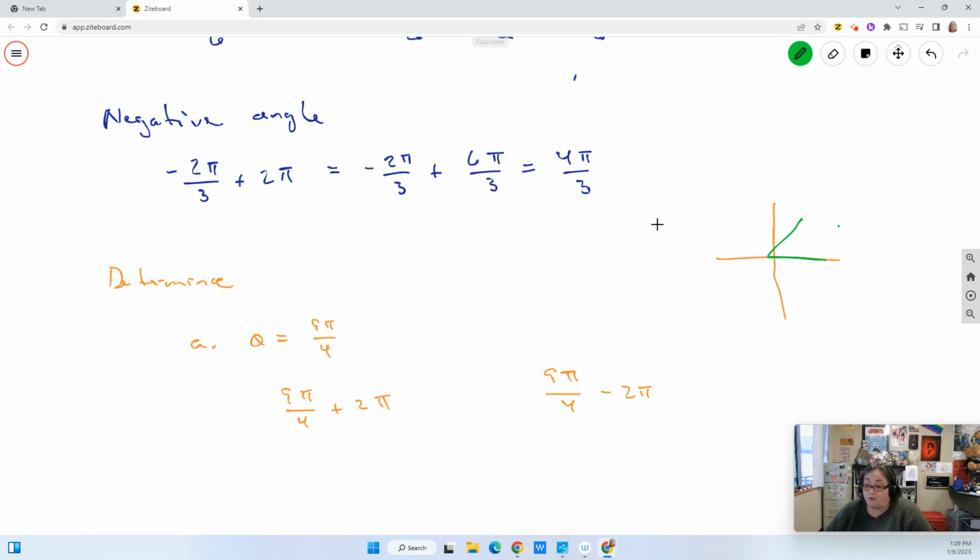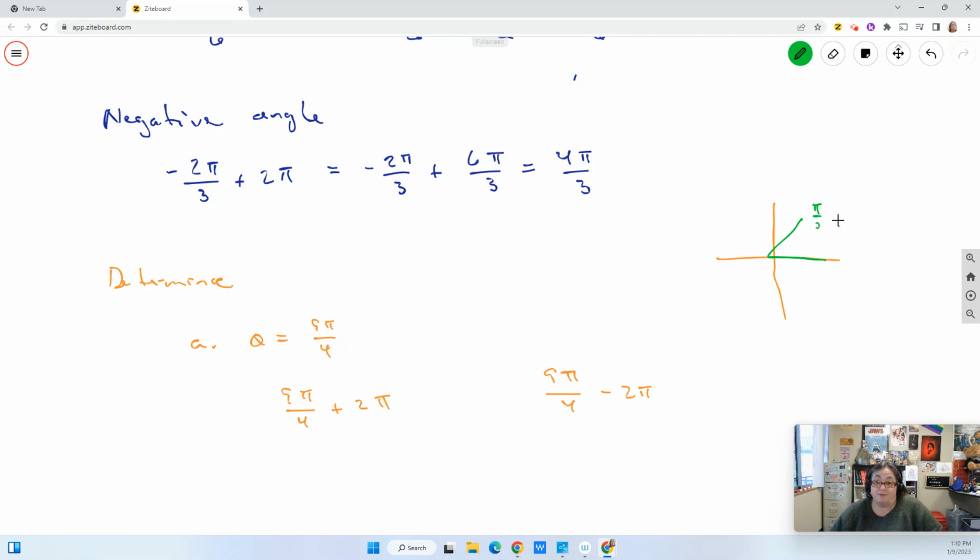So 60 degrees was pi over 6, and then this was 2 pi over 6, which is the same as pi over 3.